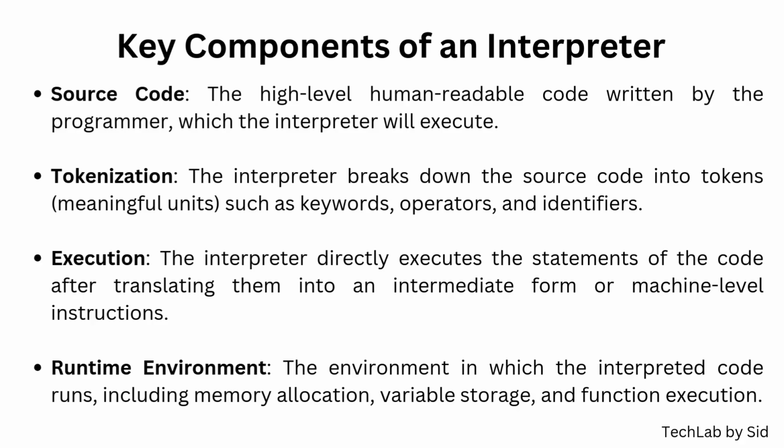Execution. The interpreter directly executes the statements of the code after translating them into an intermediate form or machine-level instructions. Runtime environment. The environment in which the interpreted code runs, including memory allocation, variable storage, and function execution.